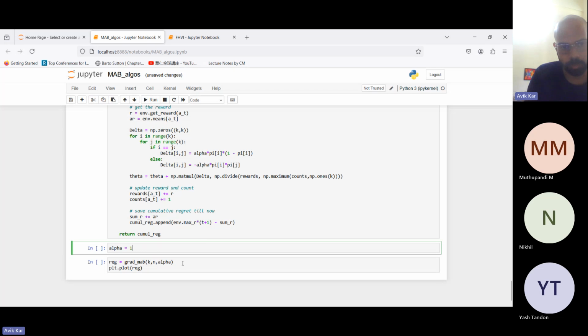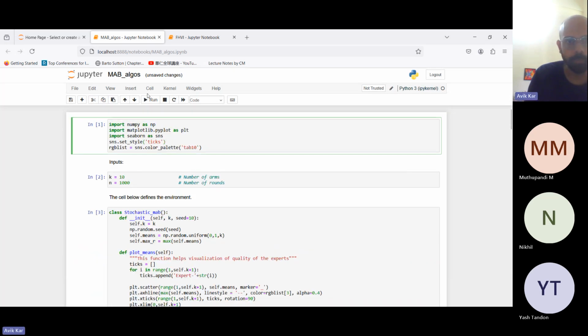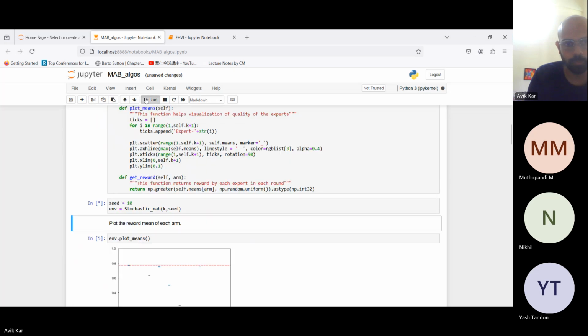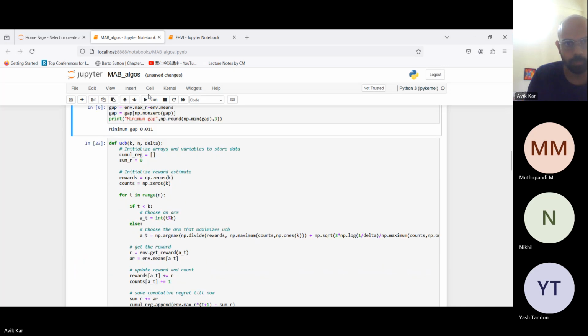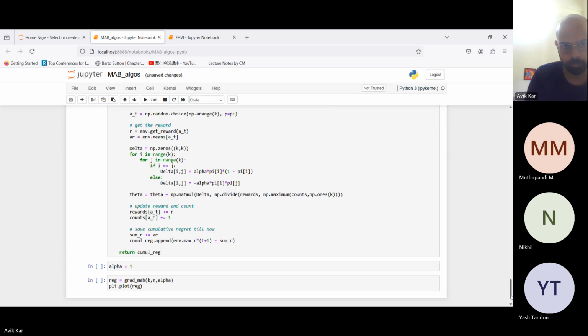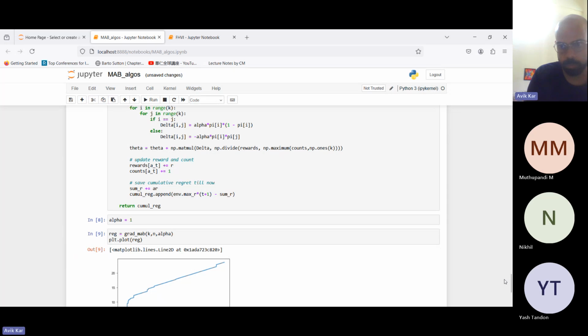Let's keep alpha equal to 1, run from the beginning. The same bandit instance. Oh, nice.